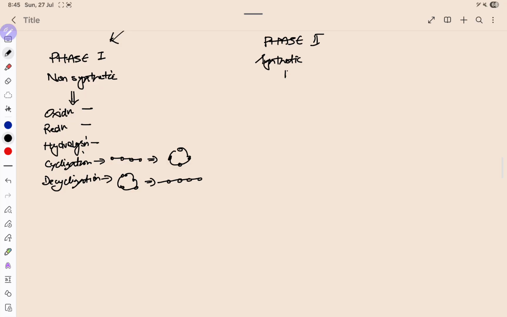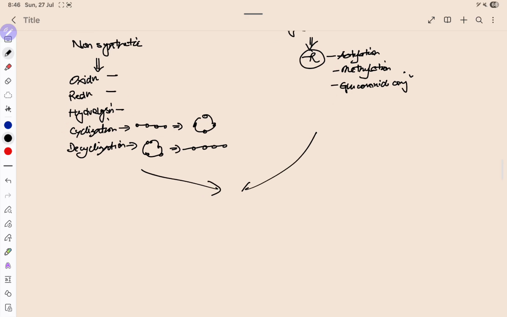Now, for the synthetic or the phase 2 part, we add a functional group into the lipid soluble drug. This functional group could be any, like it could give rise to acetylated product or methylated product, which we call as methylation, then glucuronide conjugation, etc., and so forth. So, both these phase 1 and phase 2 will ultimately render the lipid soluble into water soluble.